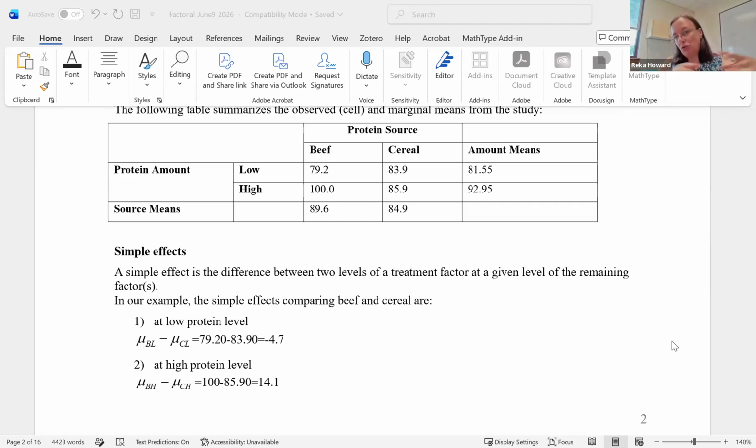It's much easier to just irrigate at a certain level for a bigger section. So that's how we decide whether we are using factorial versus split plot. Does it make sense? Yes, it does. Thank you.